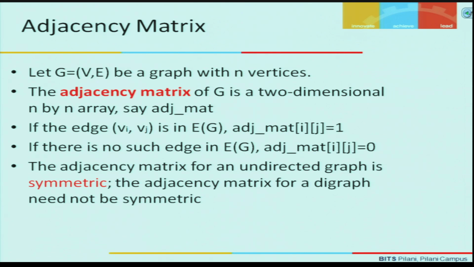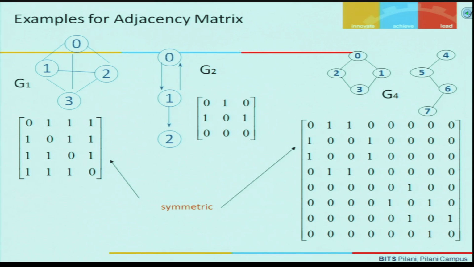It is very simple to observe that the adjacency matrix of an undirected graph is symmetric, whereas for a directed graph it need not be symmetric. So, these are examples of adjacency matrices. We have a graph G1 and we have the adjacency matrix of G1. So, 0 is related to 1, so this 1 is here.